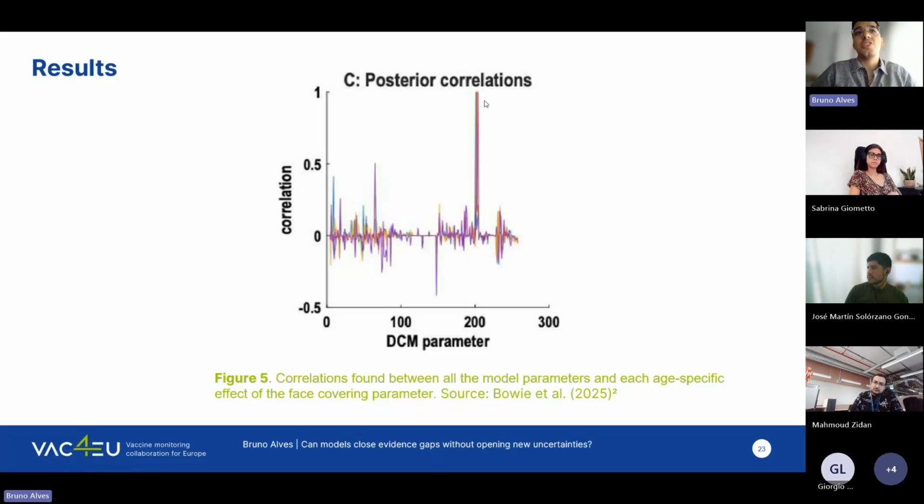So it's natural that the use of mask correlates with the use of mask. It's self-correlation. But for the other parameters in general, we see there is less than 0.5 correlation. So they assume low to mild correlation. And because of that, they assume that the face covering effect can be disentangled from other effects.